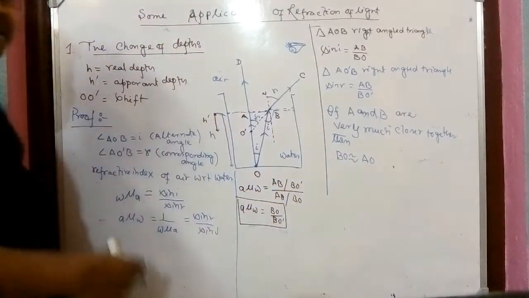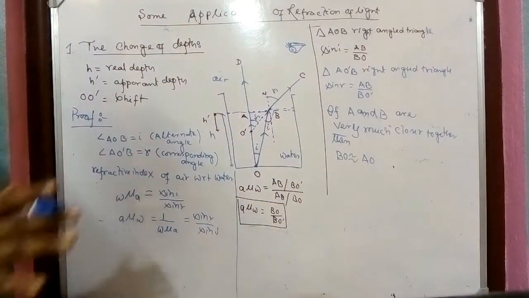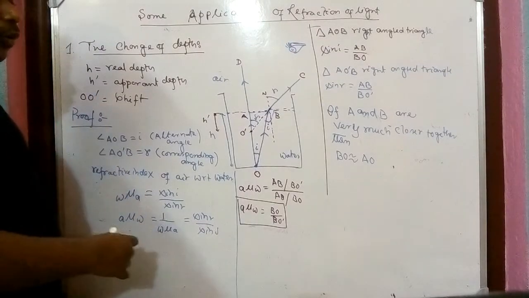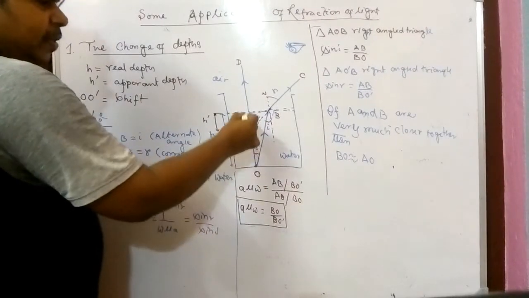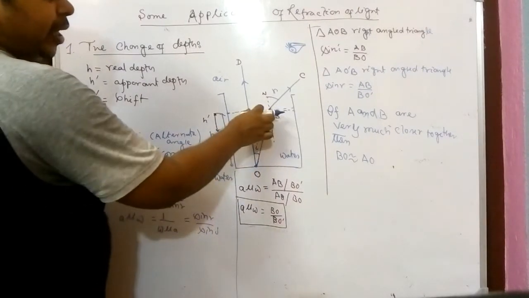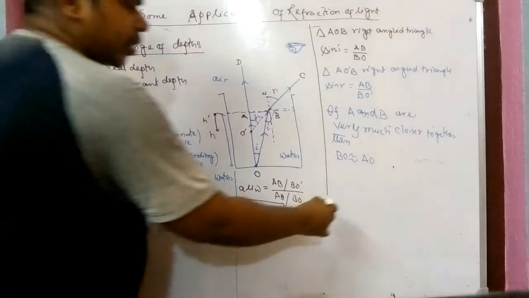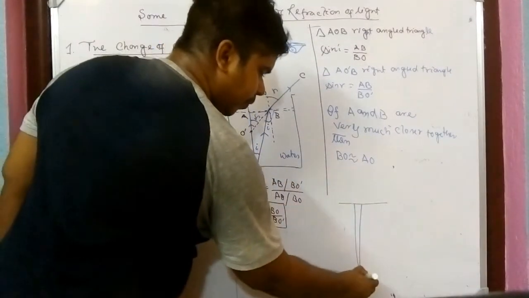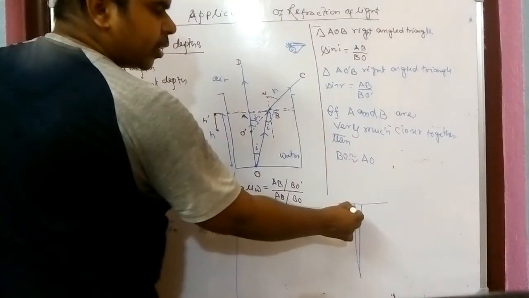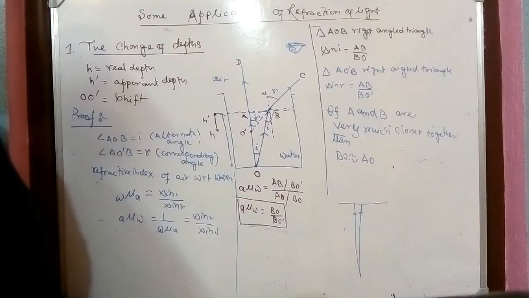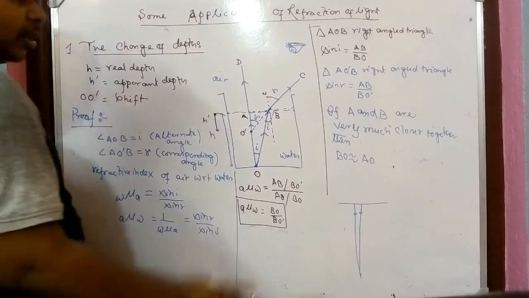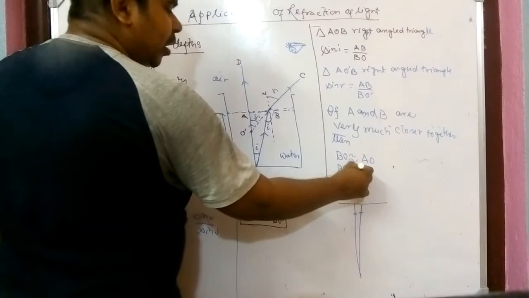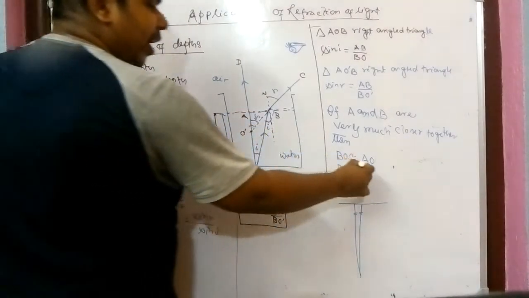Now you might be telling me, sir, this is not right. Yes, but that is a trick we have to follow. BO is nearly equal to AO if A and B are very much closer together. Just assume. So in this case we can take these two lines as almost equal in length. Similarly, BO' is nearly equal to AO'.